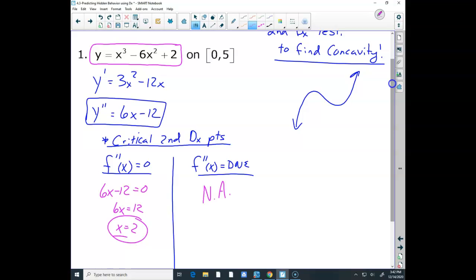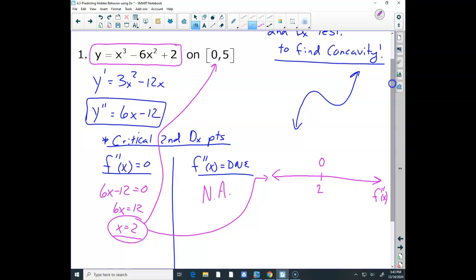Then I would take that second derivative critical value, all of them, and I would place them into my second derivative test, my second derivative number line, and I'm going to put my positive 2 on there, and I know my second derivative equals 0 there, okay? So I do know, and it's important because I know when I plug 2 into the original function, I'm going to get something out. And also notice that critical second derivative point I found, hey, it's on the interval I'm talking about.